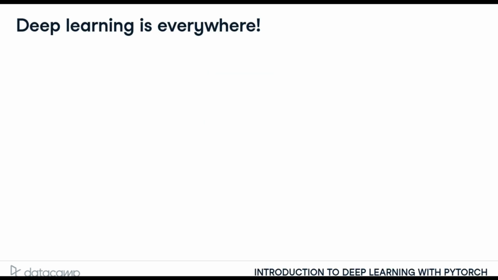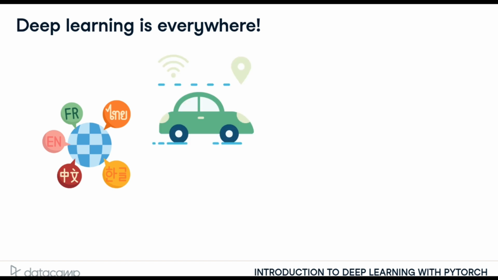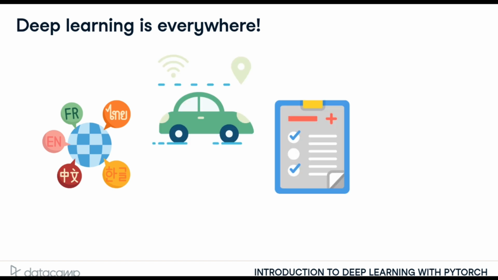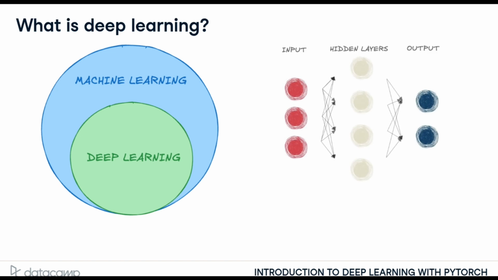Deep learning is everywhere. It powers many recent and exciting innovations, from language translation to self-driving cars, medical diagnostics, and chatbots. Deep learning is a subset of machine learning, where the fundamental model structure is a network of inputs, hidden layers, and outputs, as shown.